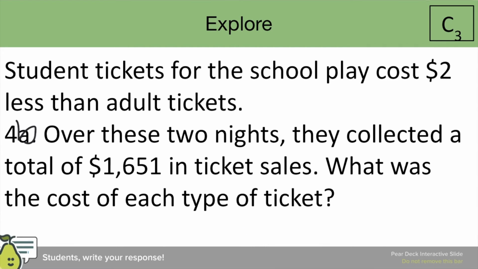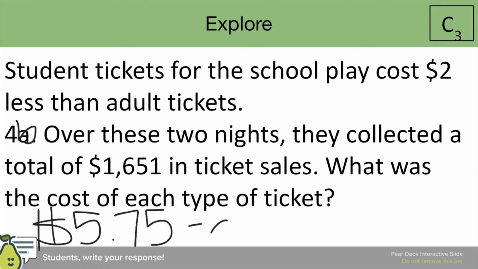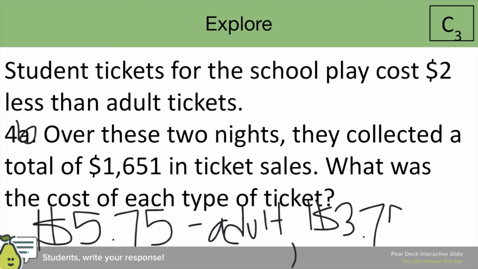For 4B, it states over these 2 nights they collected a total of $1,651 in ticket sales. What was the cost of each type of ticket? So when students solve, they should get $5.75 for adult tickets and $3.75 for student tickets.